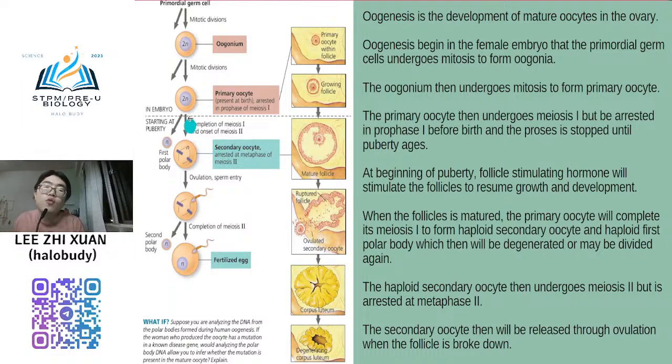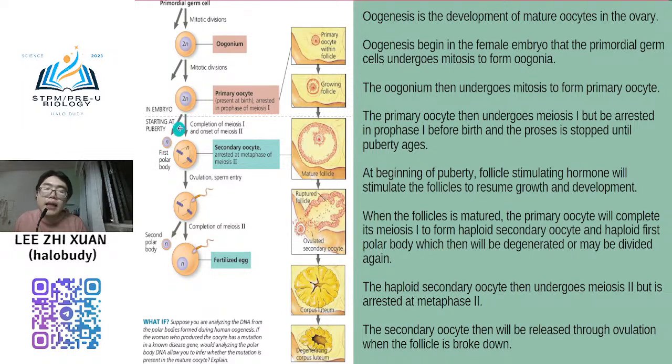But only one cell can form the secondary oocyte, and the other one is called the first polar body. This one will be discarded in the body. This one is not an egg.